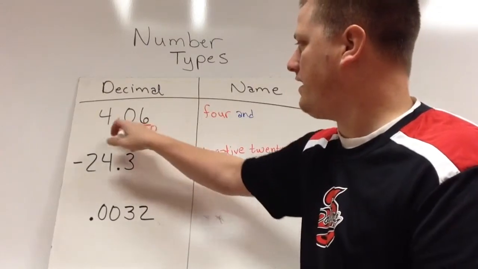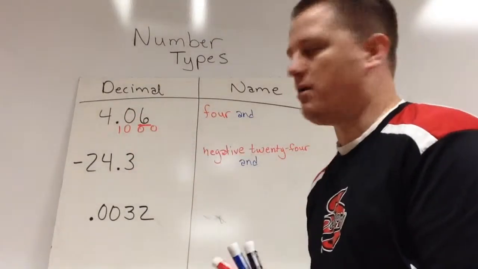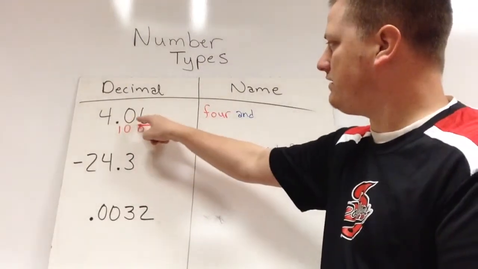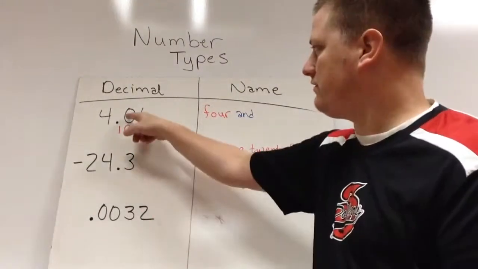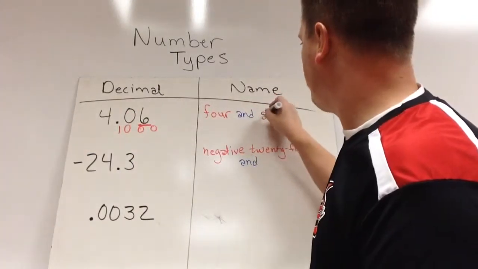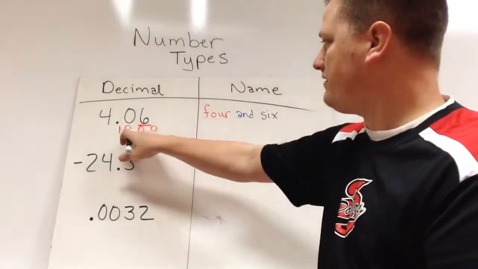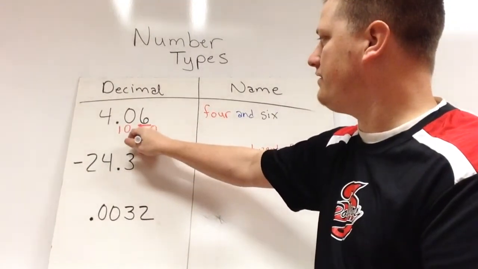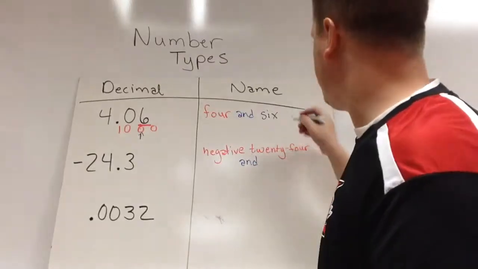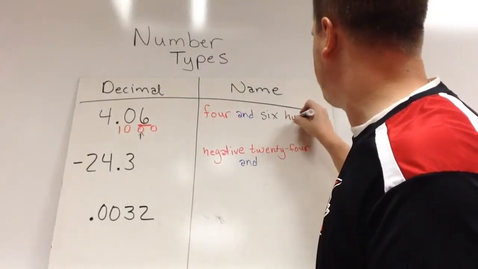So here, this would be hundredths. So what we do is we look at this number as 6, and then we say, okay, this is the 100 spot, so it would be hundredths. We put a THS at the end, so 6 hundredths.